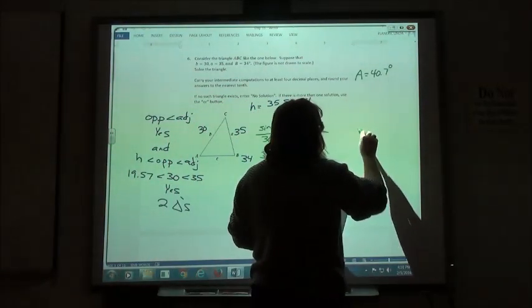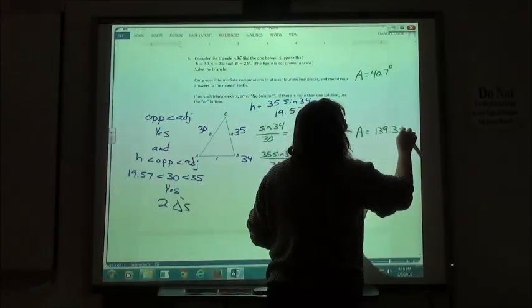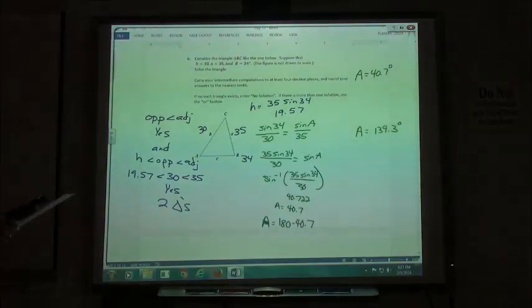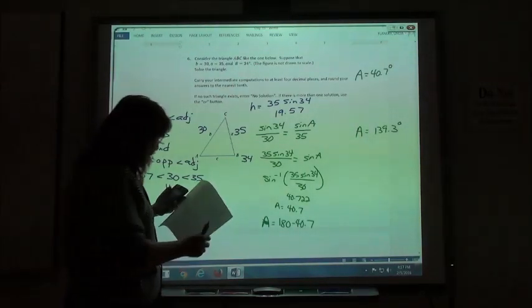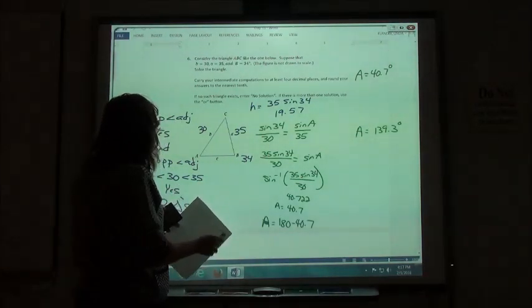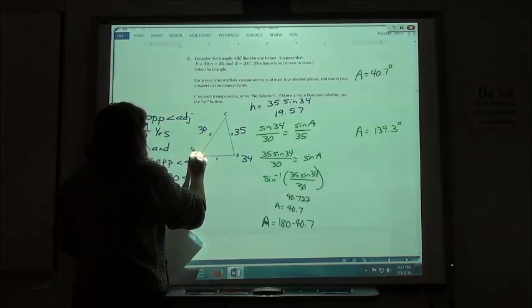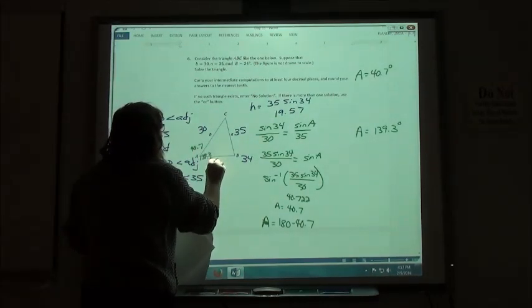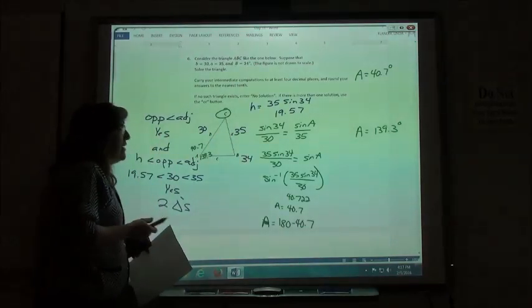So I'm going to have a second set of answers. 139.3 is going to be my other answer for angle A, because I'm going to have two different triangles. So from there, I knew that this is 34, this is either 40.7 or 139.3, so I can find angle C by subtracting.